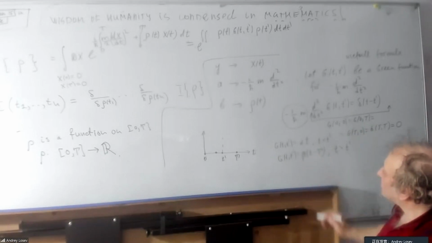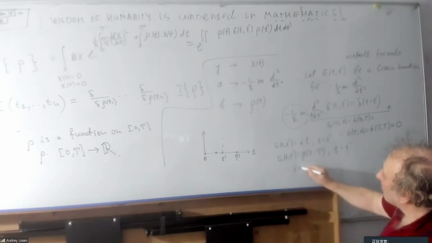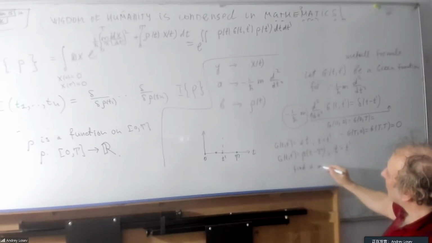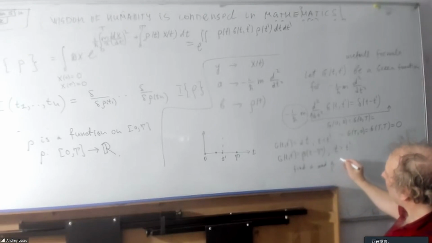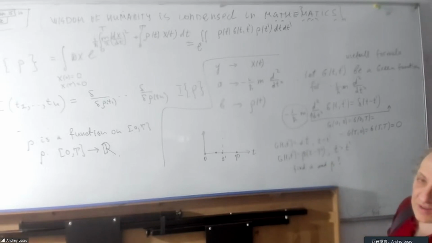It's not a function, it's multiplication here. So our goal is to find alpha and beta. How to find alpha and beta?